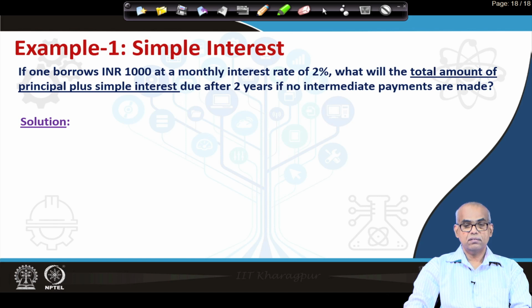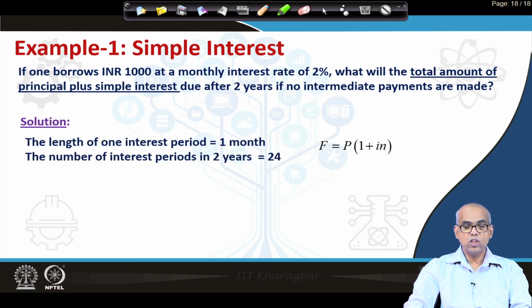Now, let us take a few simple examples. If one borrows rupees 1000 at a monthly interest rate of 2%, what will be the total amount of principal plus simple interest due after 2 years if no intermediate payments are made? The length of one interest period is 1 month. The number of interest periods in 2 years is 24.